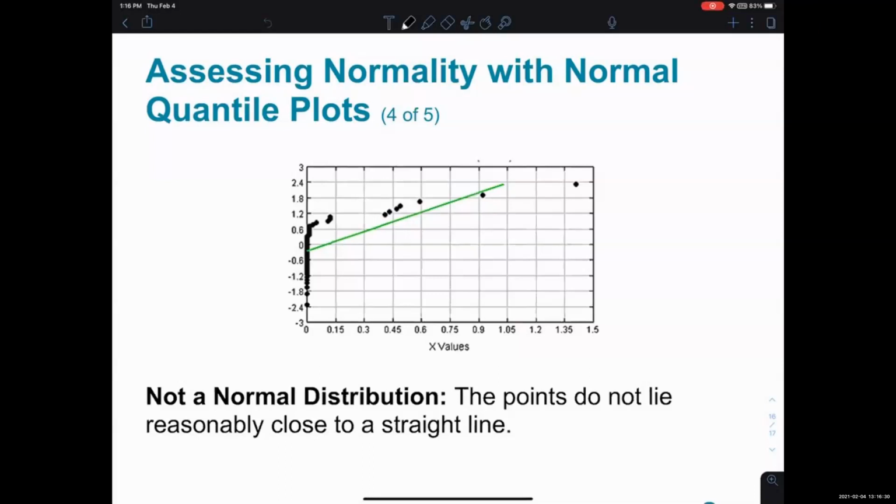So yeah, question. Can't you also determine a graph's normality by drawing a line of best fit and seeing if it's a straight line? That is helpful, and that's what they've drawn for you in green. This is the line of best fit. So keep in mind, when you say line of best fit, you're already drawing a line. So you can't say, is the line of best fit a line? Well, it automatically is by definition.